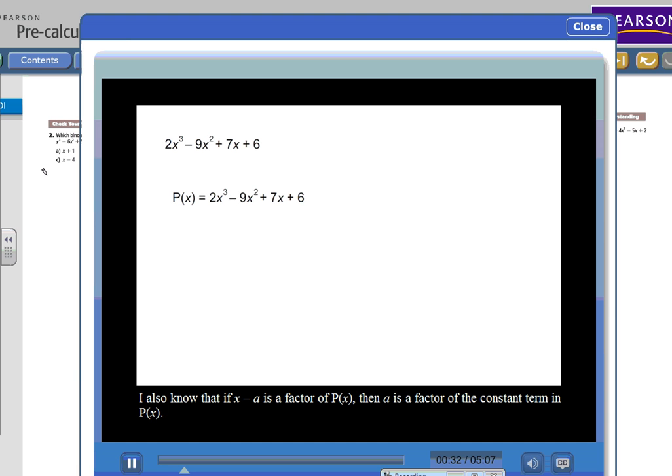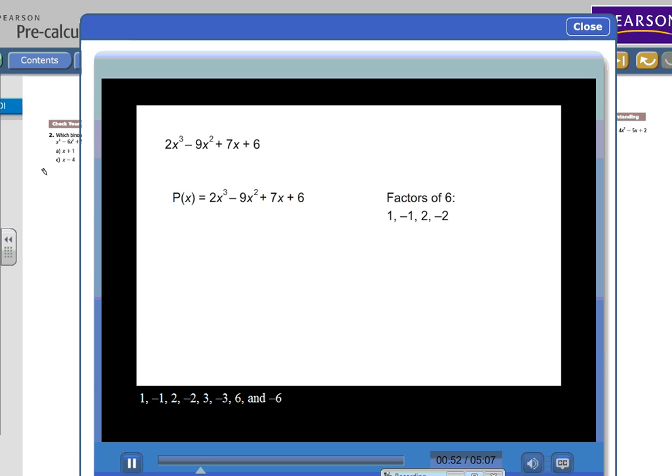I also know that if x minus a is a factor of p at x, then a is a factor of the constant term in p at x. Since the constant term is 6, I'll list the factors of 6. 1, negative 1, 2, negative 2, 3, negative 3, 6, and negative 6.